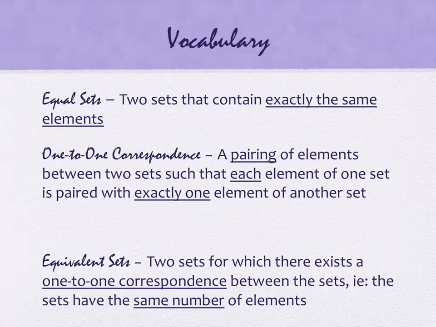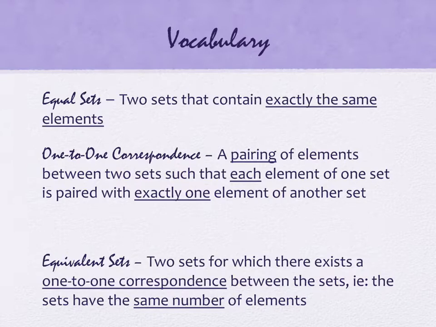We're talking about all the same exact group of people, all the same people. I'll contrast that to something else in just a minute. A one-to-one correspondence is a pairing of elements between two sets such that each element of one set is paired with exactly one element of another set.